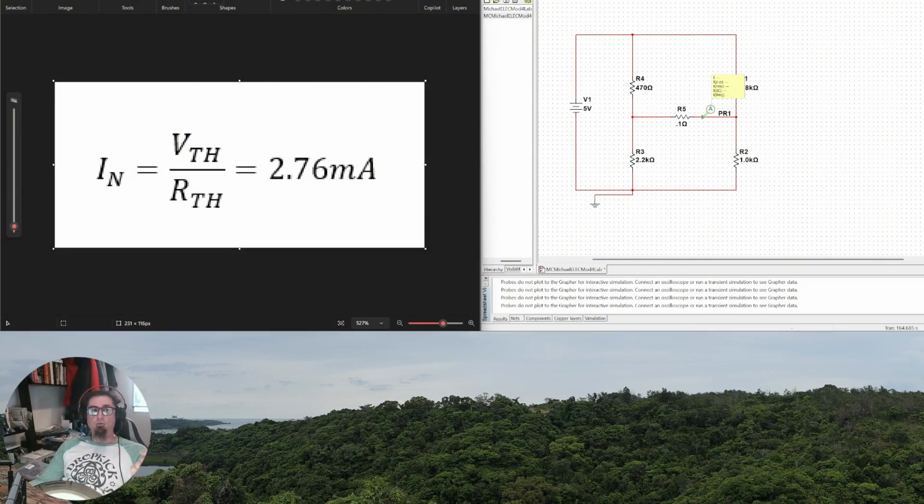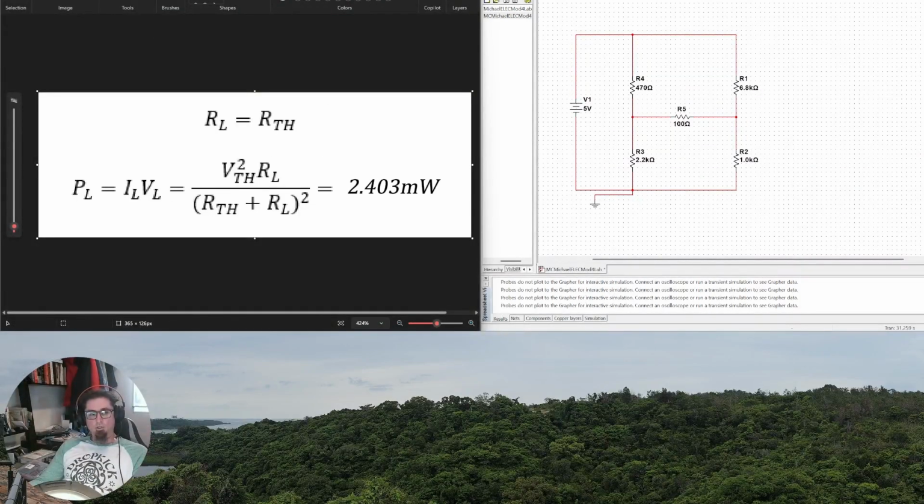Since we've already found the Thevenin voltage and the Thevenin resistance, current is equal to voltage over resistance, so you can literally divide the Thevenin voltage by the Thevenin resistance, and you end up with your Norton current. We got 2.76 milliamps, the exact same thing as we got over here. And that gives you your Norton current.